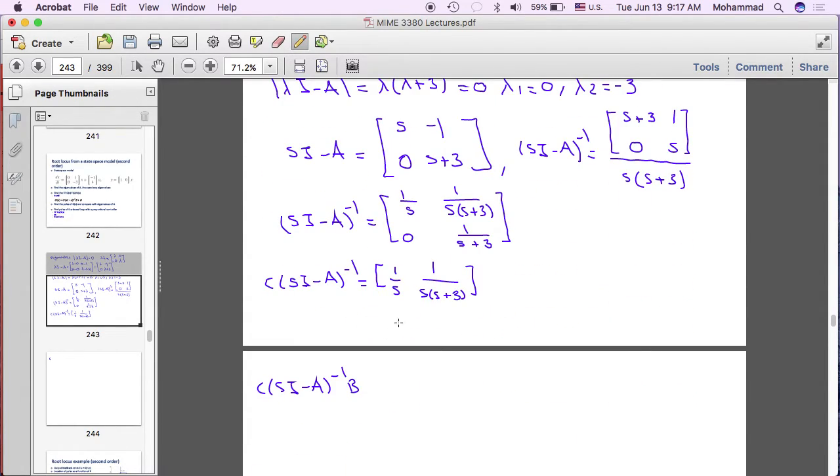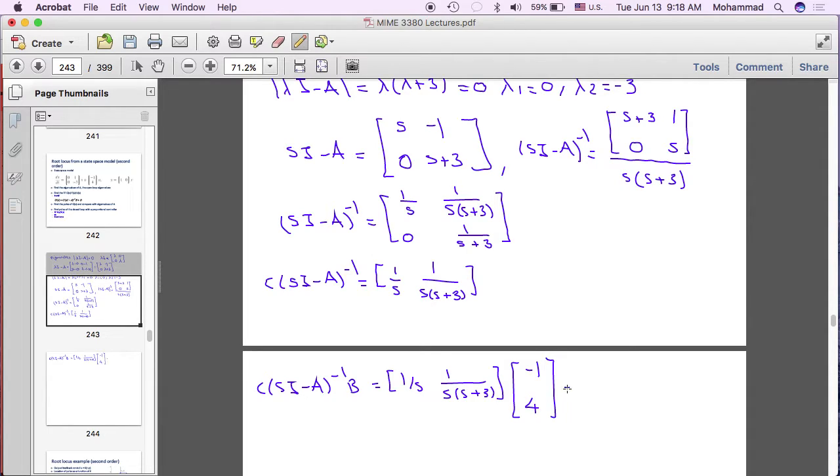So this is going to be 1 over s, 1 over s times s plus 3. This is going to be multiplied by -1 and 4. So the dimension here is 1 by 2, 1 row, 2 columns. This is 2 by 1. So the result is 1 by 1. So the result is a scalar.